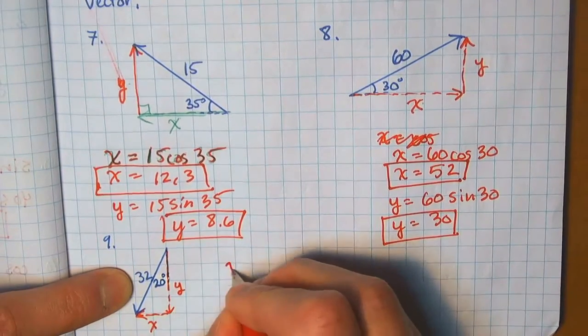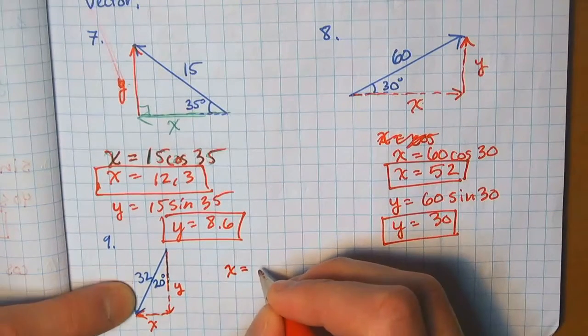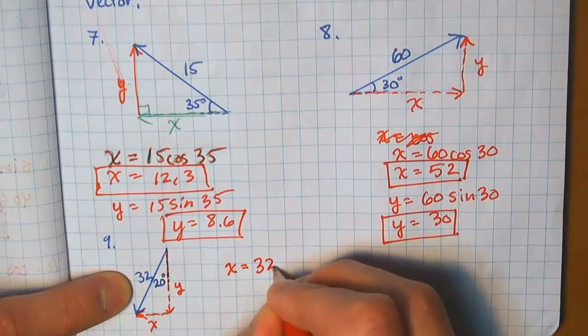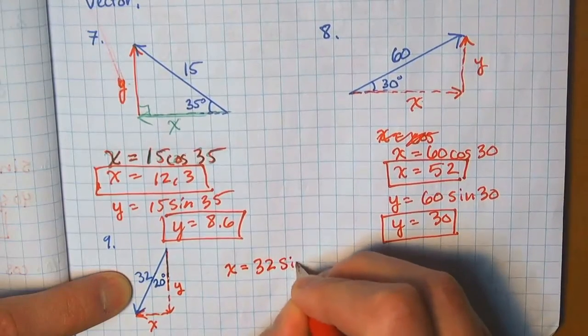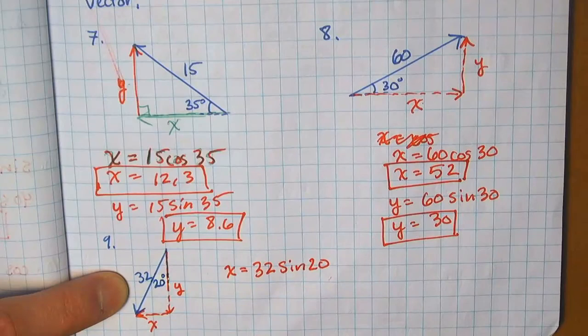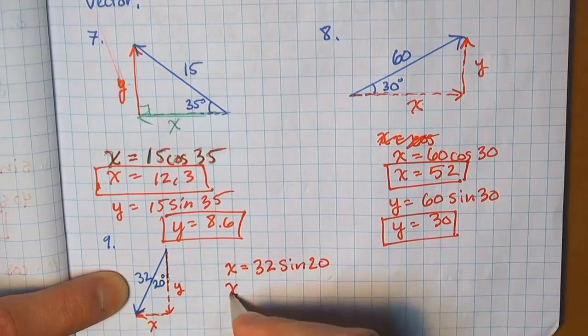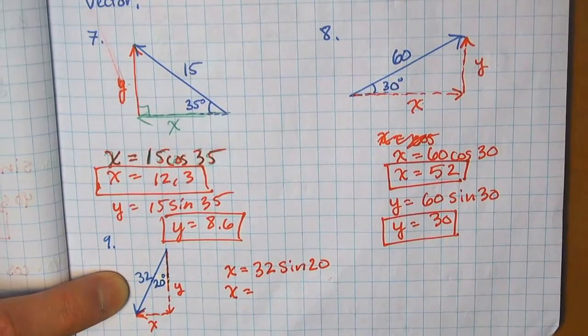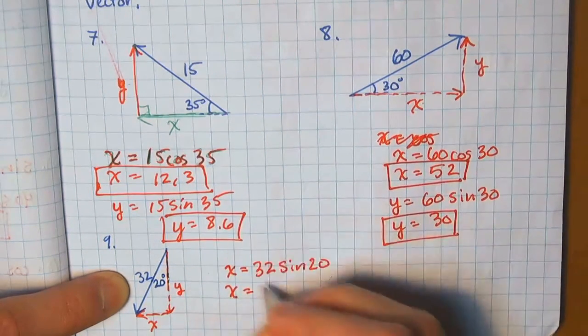So x is equal to 32 sine 20, because it is opposite from the 20. So another one of those instances where x is going to be sine: 32 times the sine of 20. It's going to give you 10.9.